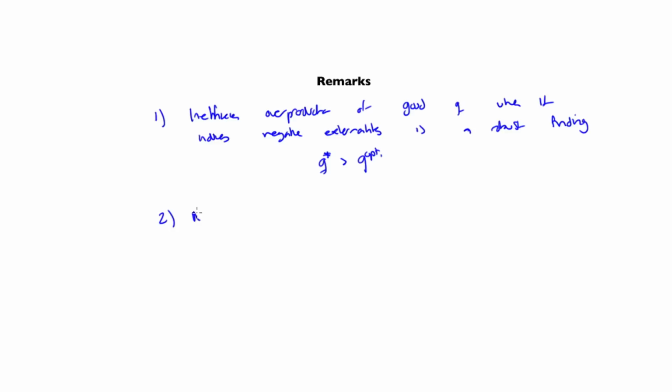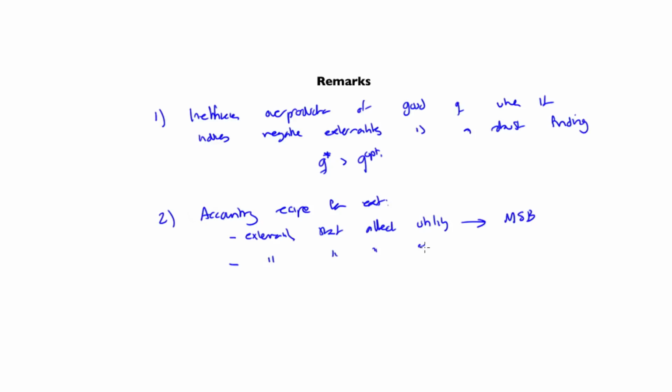So I'm going to propose to you a normalization, an accounting recipe for externalities, which is that damages or externalities that affect utility go into the marginal social benefit part, and externalities that affect cost or production go into the marginal social cost part.